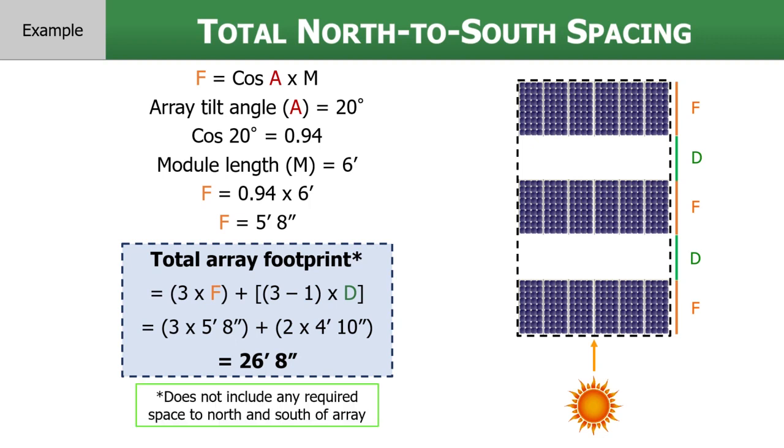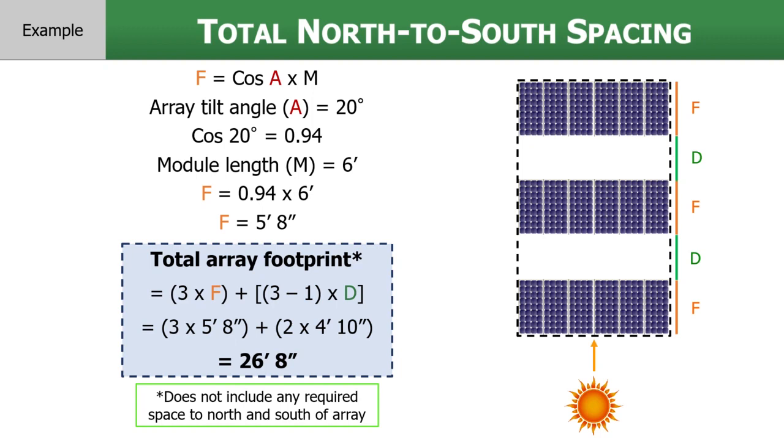And keep in mind, this is not including any space that might be required to the north or south of the array. Obviously, we haven't calculated, let's say, the east-west width of the array, but there's a lot less space between modules going from left to right or east to west in this case. So really, it's just the width of the module times 6 in our case.